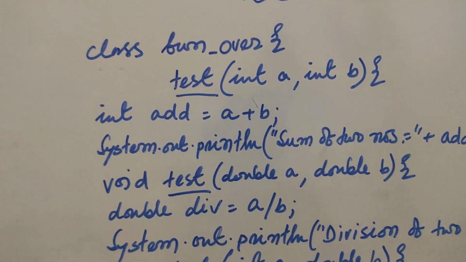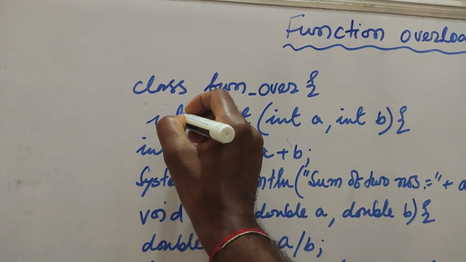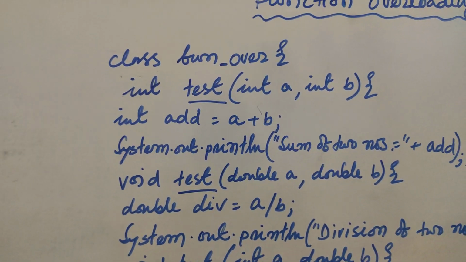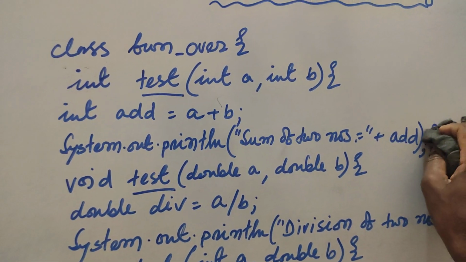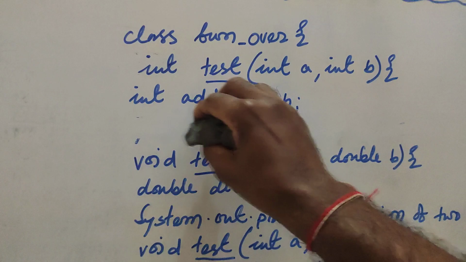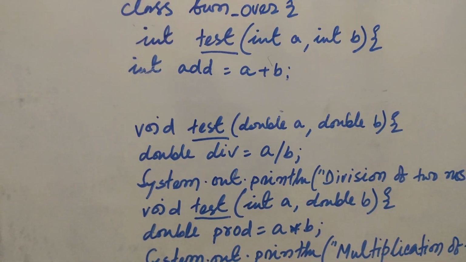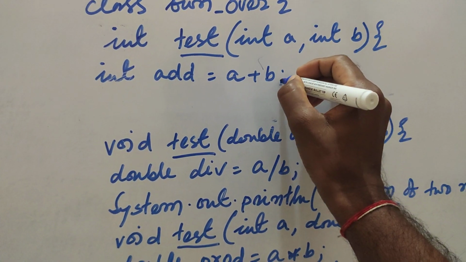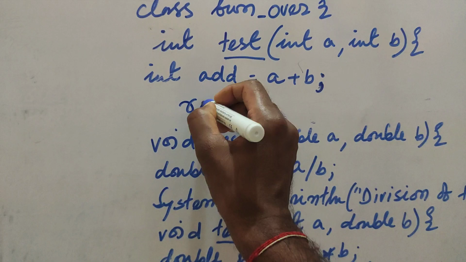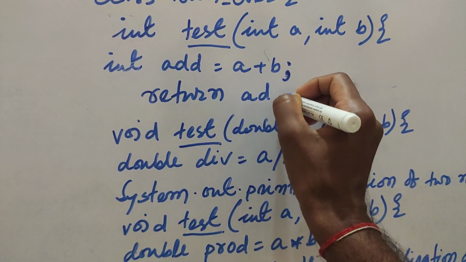Now this is by using pure functions. You also know int means data type, the function returns a value, not system.out.println. System.out.println statements will not be used in pure functions. So return add.